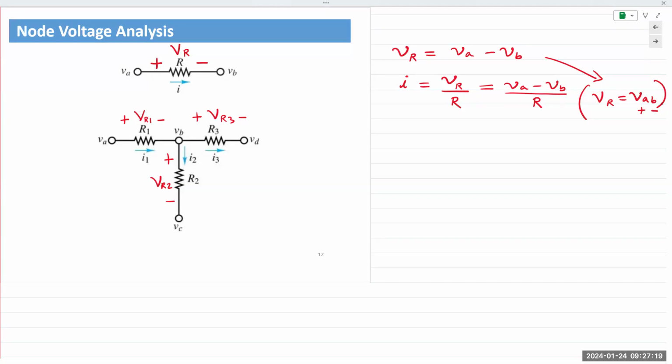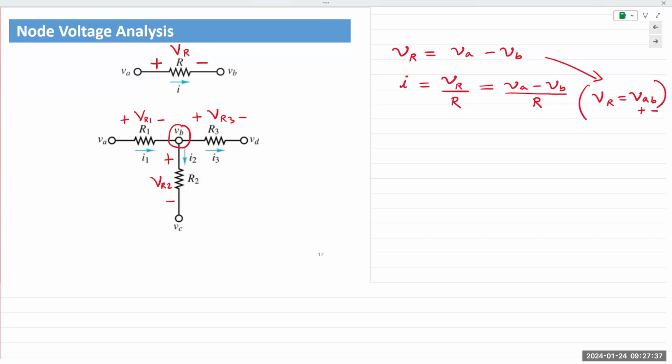Okay. So when we want to write out the equation, we are writing out the equation at each and every single node that is present in the circuit. So in this case, that's the center node at B right there.